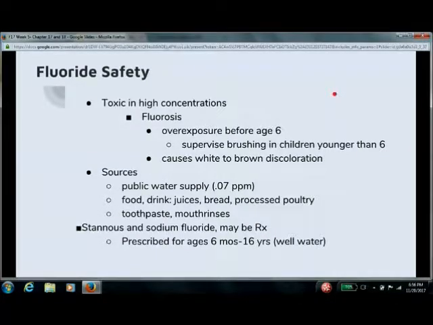So it all depends. Bottled waters are not always reliable in how much fluoride they have or don't have. If you have a well, you should have it tested to see if you have fluoride or you don't. If you're in a town and you have town water or city water, they often treat it with fluoride, so it's already part of your life.